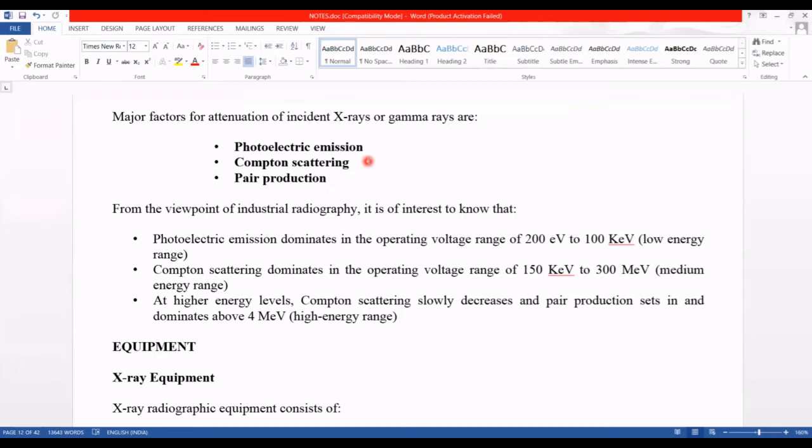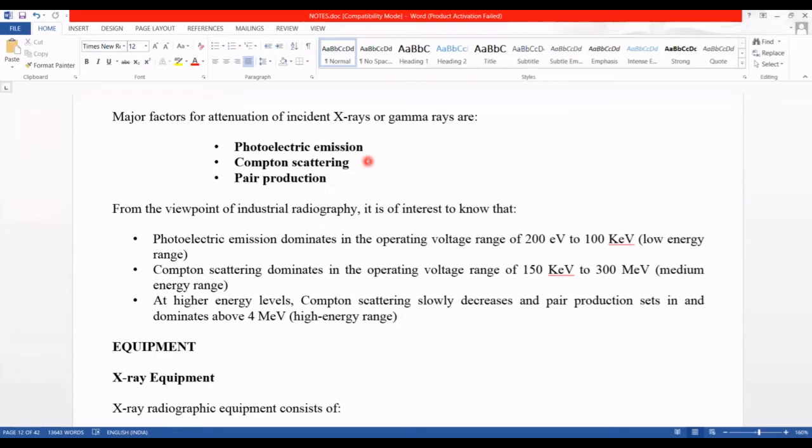This reflection causes a reduction in the intensity of the radiation. This process is called scattering, meaning the radiation is reflected while hitting the matter. This is also a reason for the reduction of radiation.